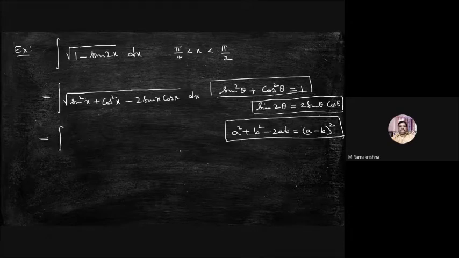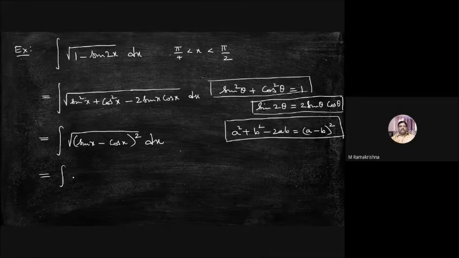So we can write it as under root of, here a is sin x, b is cos x. So sin x minus cos x whole square dx. So square and root get cancelled. We are going to get integration of sin x minus cos x dx. So individually you can separate them.